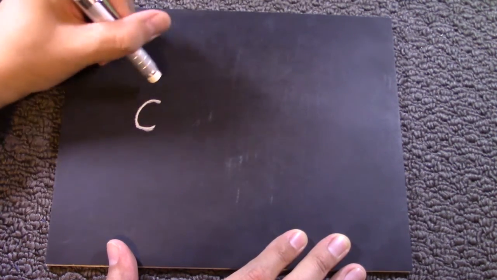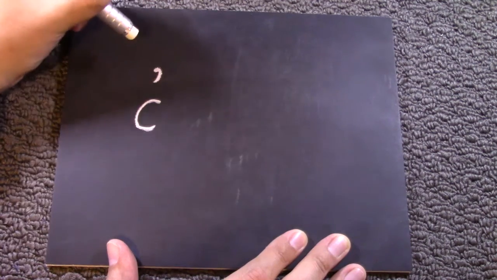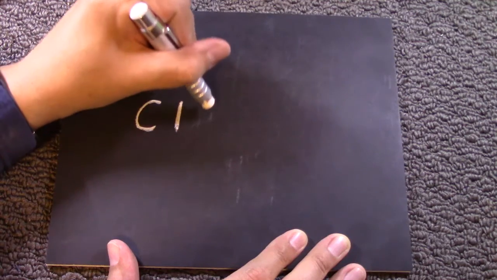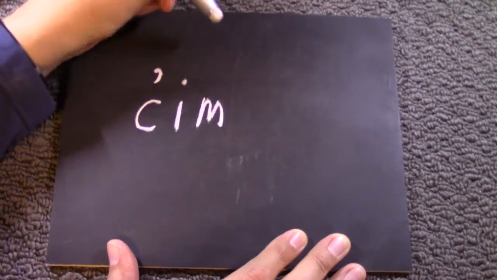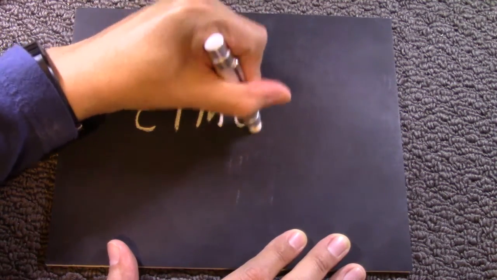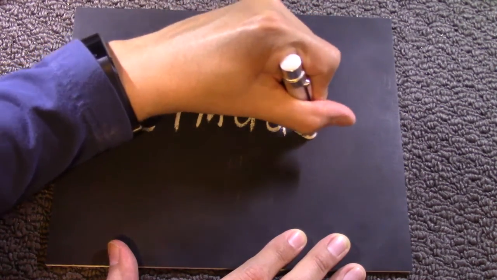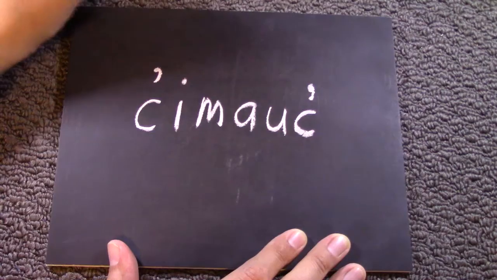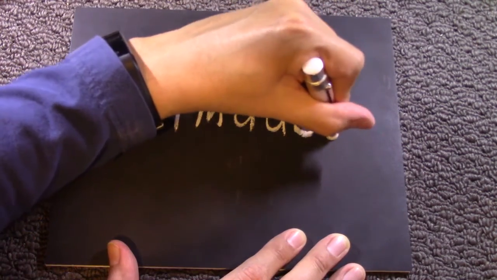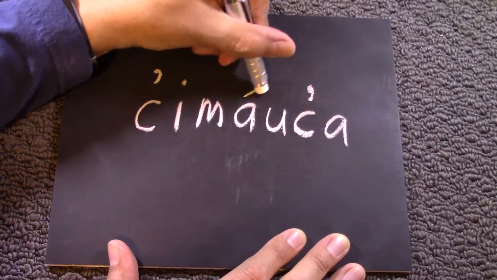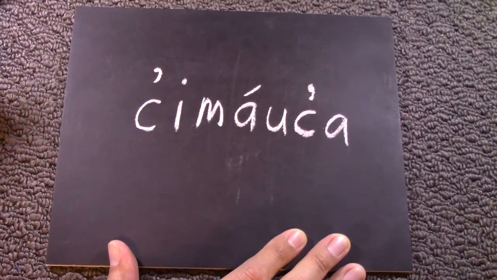So we have a C, has an apostrophe over top of it. We have an I, an M, A, U, another glottalized C, and an A. We also have a small slanted line over top of the first A.